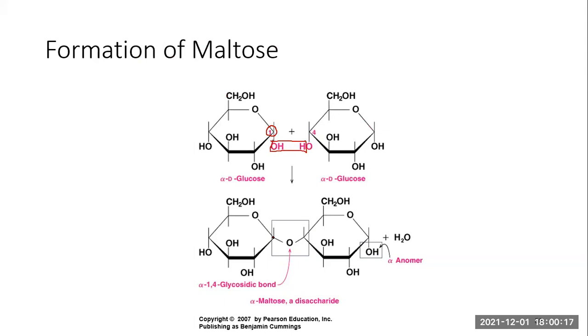It creates, as I showed you on the other slide, this sort of downward connection with the oxygen in the middle, which is our alpha 1,4, because it is carbon number 1 in this glucose, and carbon number 4 over here in that glucose. This is the alpha anomer of maltose. It is alpha because of carbon number 1 on this one. We see the OH group is down.